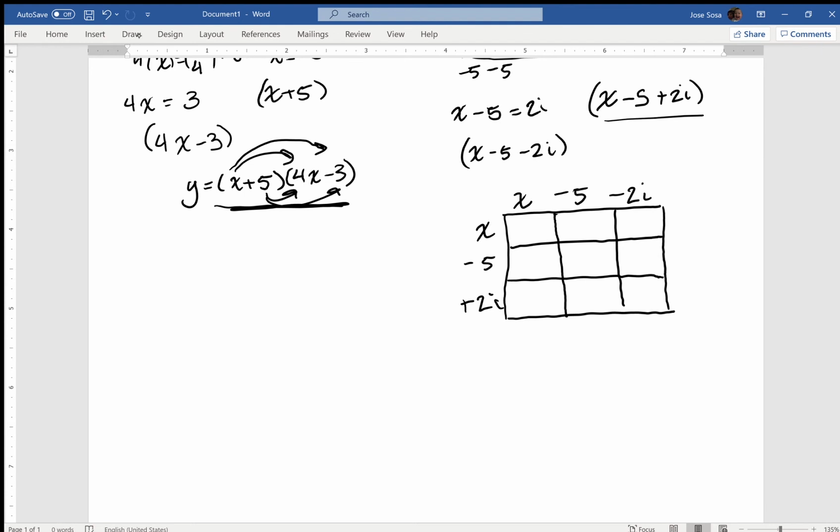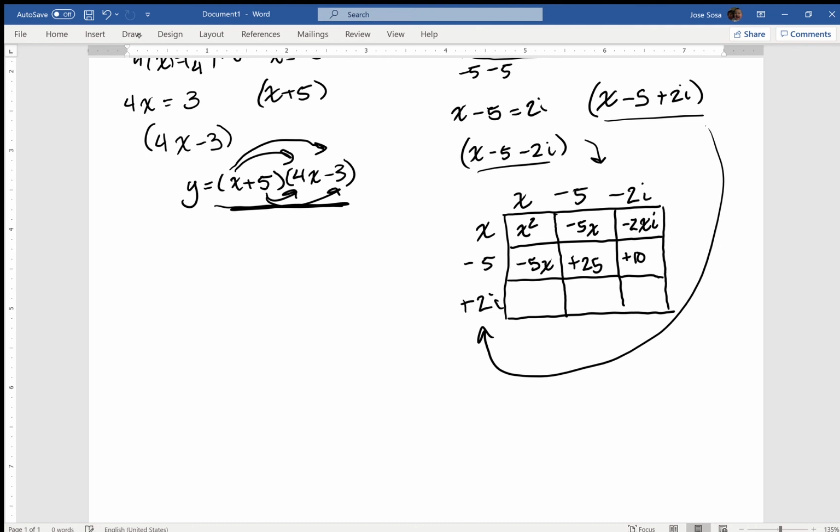That guy is right over there, and this dude is right there, okay? Just in case you're wondering. All right, so let's multiply them out. So x squared minus 5x, and then minus 2xi. Great. Now over here I have minus 5x plus 25, and then plus 10i.